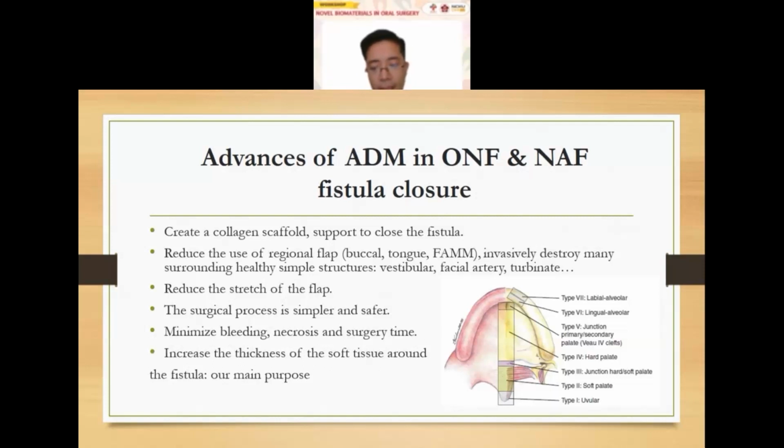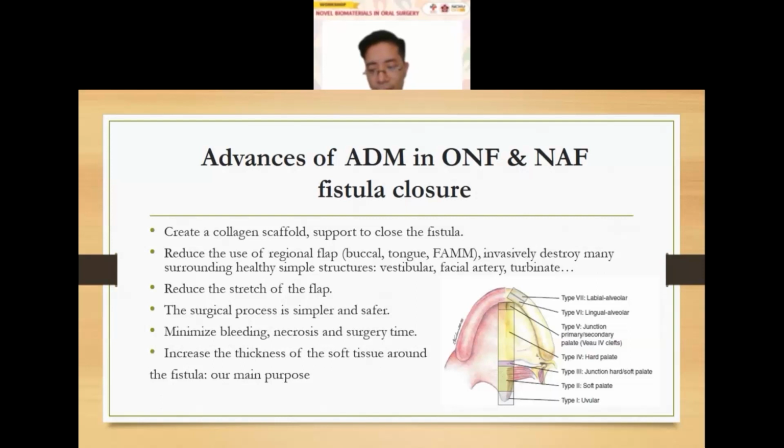Currently, our department has conducted surgery on nearly 20 patients using ADM, and all of them currently have no recurrent fistula. All are nasal alveolar fistulas, with the aim of increasing soft tissue size.